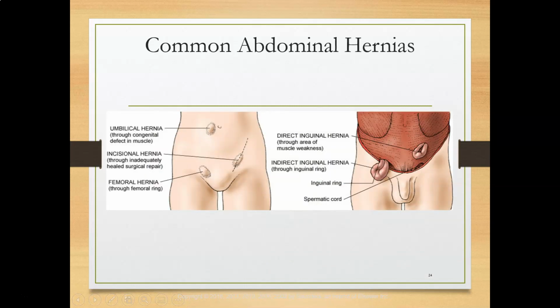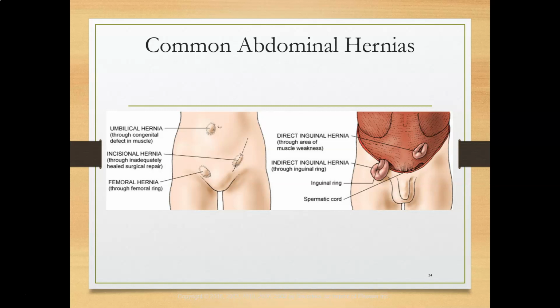Common abdominal hernias can be in the umbilicus. They can be a congenital defect in the muscle. Sometimes it's just an outie belly button. Sometimes it's more something that needs to be fixed. It can be an incisional hernia through an inadequately healed surgical repair.